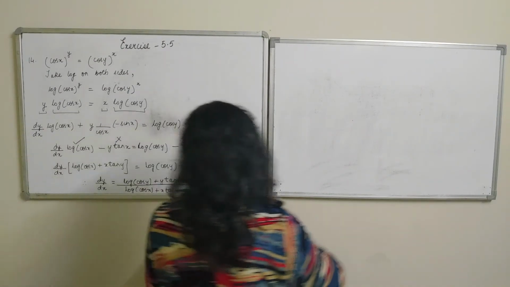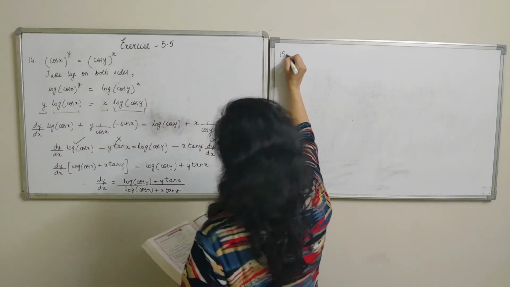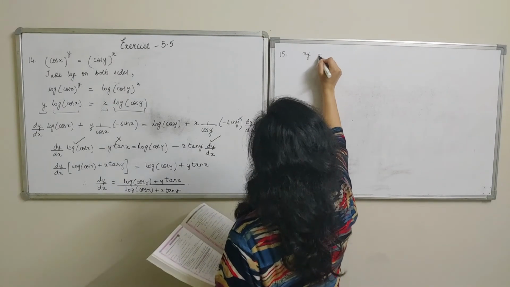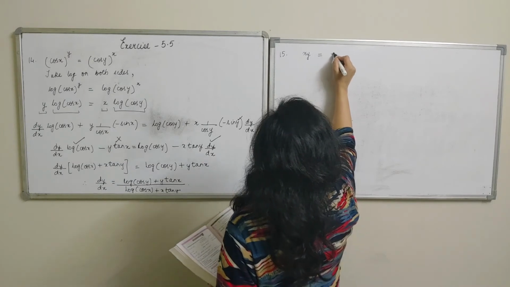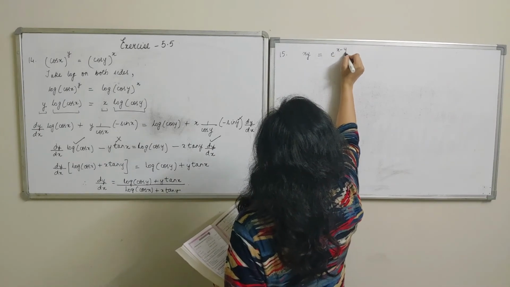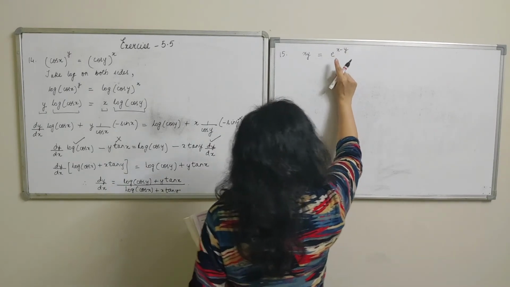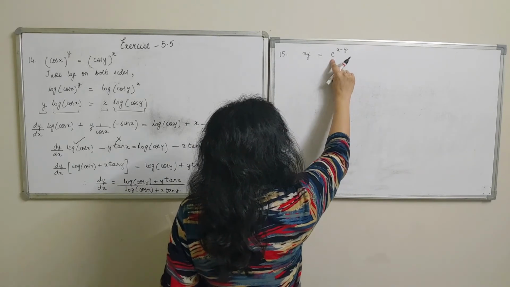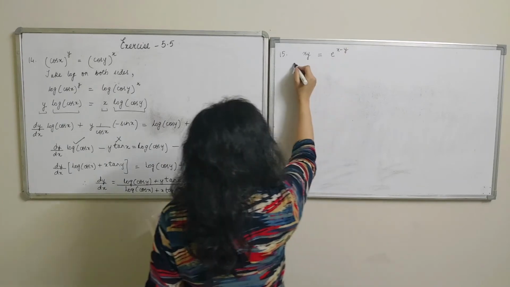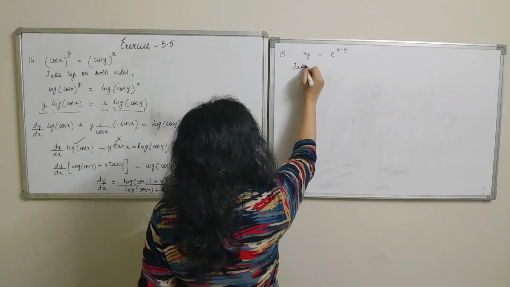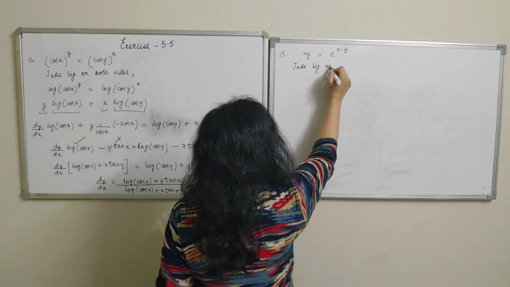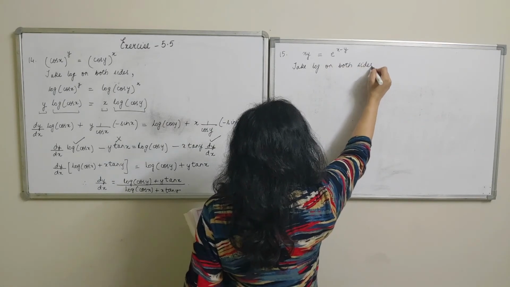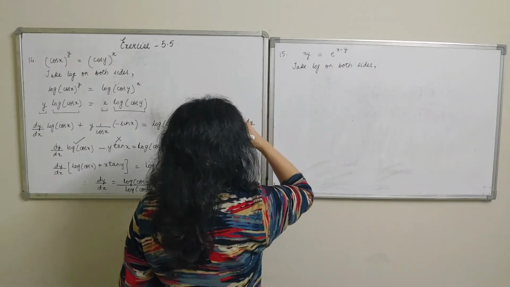Next we will try out question number 15, which is xy equal to e to the power x minus y. Now here you can see the y variable is also there in the equation. This is one function raised to another function, so we can take log on both sides. Even if you don't want to use a log concept, you still can directly differentiate.